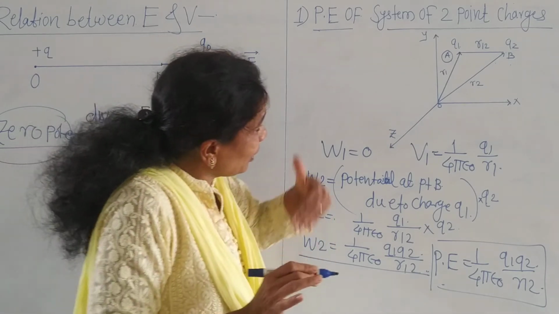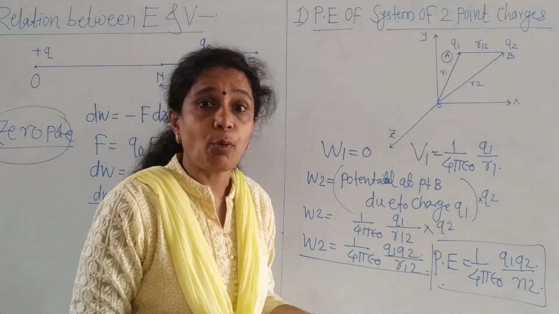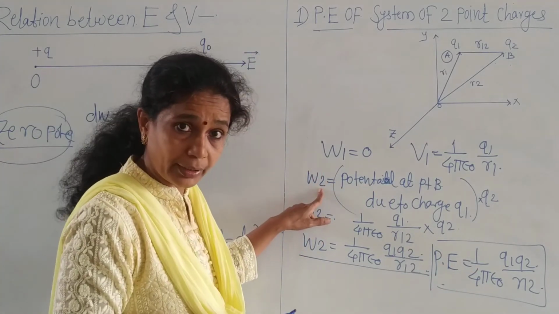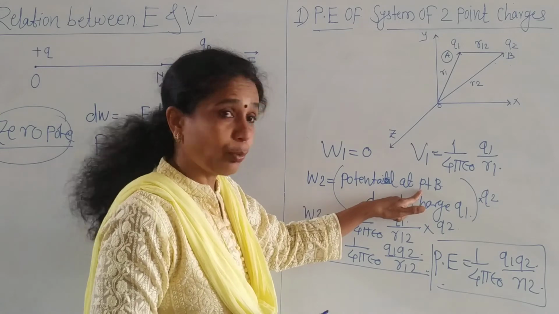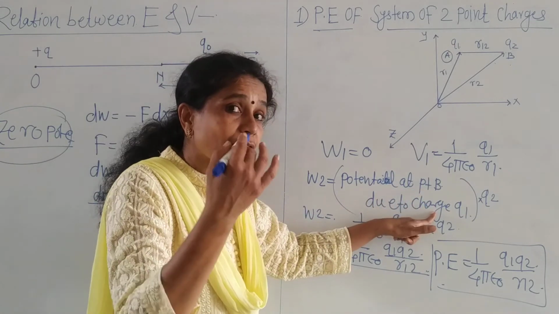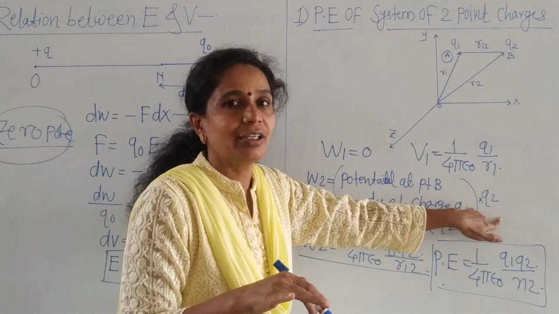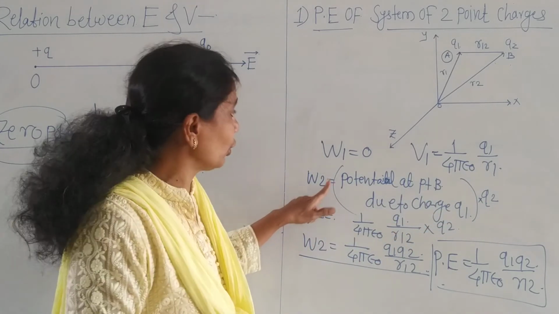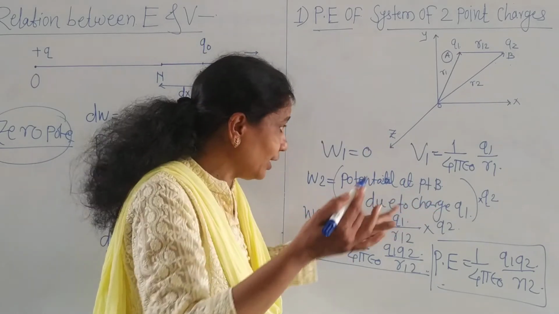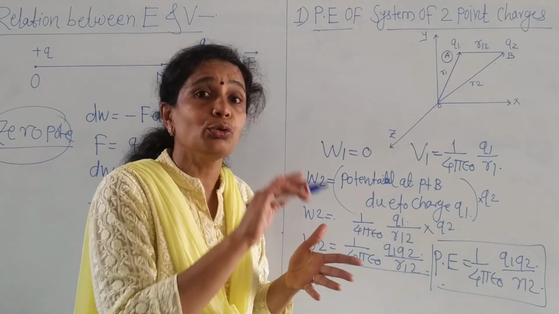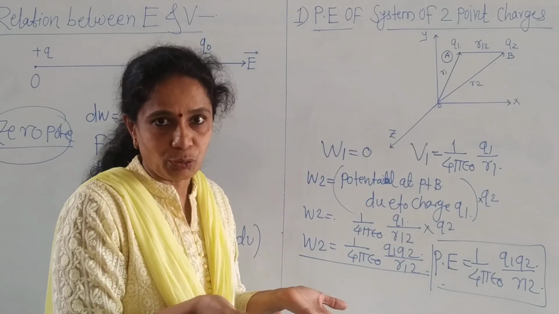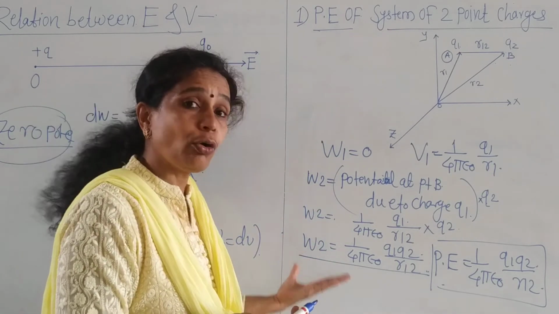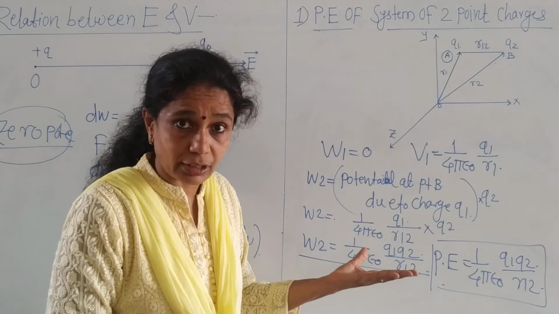Now if the system consists of n point charges, then we can write W3 as the potential at point C due to the charges Q1 and Q2 into Q3. Similarly you can find W4 as the potential at point D due to the charges Q1, Q2, Q3 into Q4. Therefore you can find out the values W1, W2, W3, W4 there.